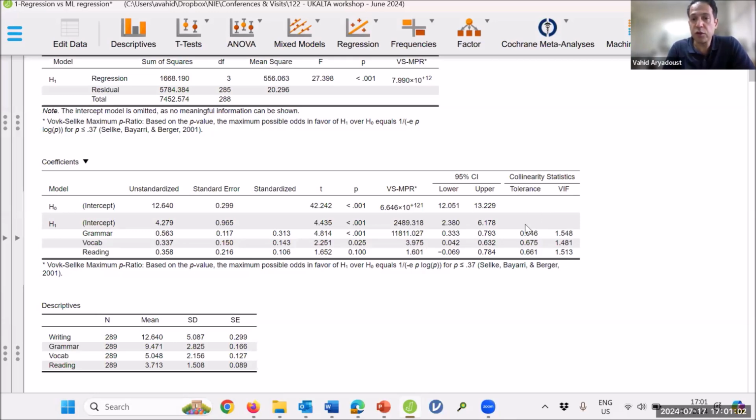On the other hand, the tolerance shows the opposite pattern, which is also an indication of the lack of multicollinearity. So in this scenario, for the first analysis, we have enough evidence that definitely all of the assumptions of our linear regression model are met.